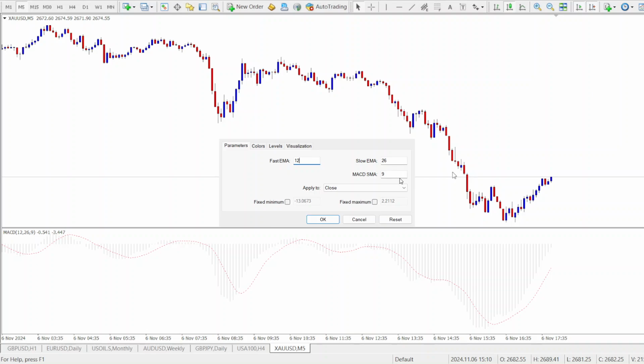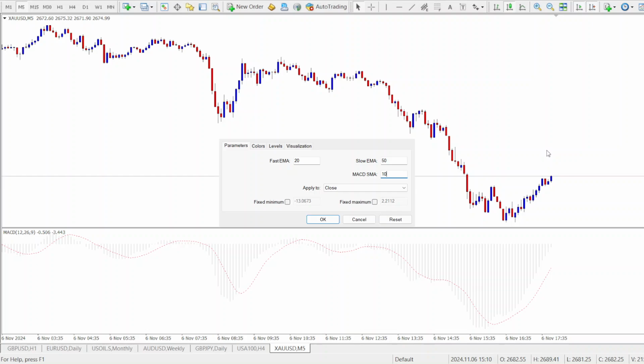Instead, if you are a trader that uses the daily chart, you are likely a swing trader. So if you are a swing trader who does analysis on the daily chart, then you might want to try experimenting with the fast EMA of 20, a slow EMA of 50, and a MACD SMA of 10, where price movements take longer to develop.